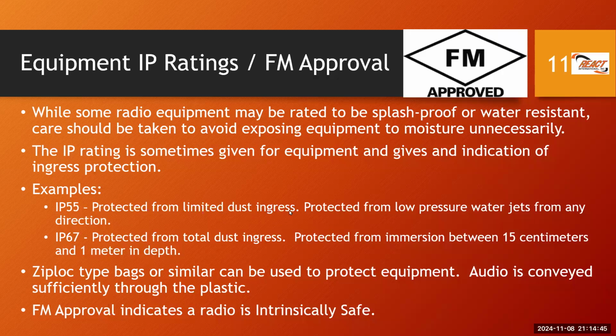Ingress means going in, right? It will prevent a limited amount from coming in. It will also protect it from low pressure water jets. Notice it didn't say submerged, or immersion. Then we have the IP67 rating: total dust ingress protection, meaning that any amount of dust, fine, no problem, it will not get into the device. It means we're very well sealed from that.